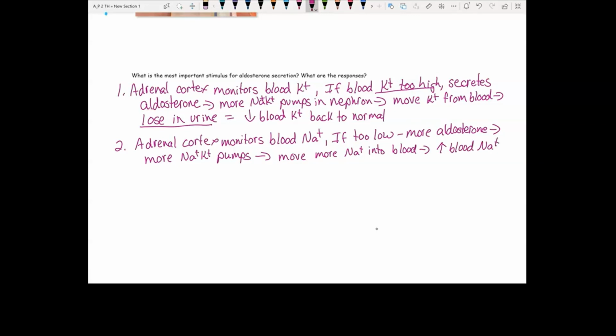The third thing that can stimulate you to have aldosterone we learned in chapter 20. That is angiotensin II. And remember, the purpose of angiotensin II is to raise blood pressure.